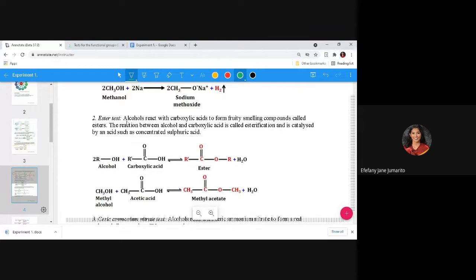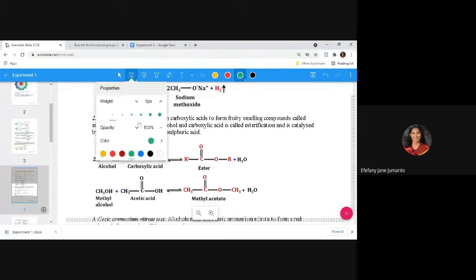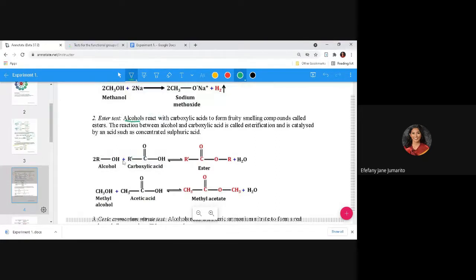Okay, so ester test. Now, alcohols react with carboxylic acid. Is this alcohol monohydric or dihydric? Classify this alcohol according to the number of hydroxide groups.